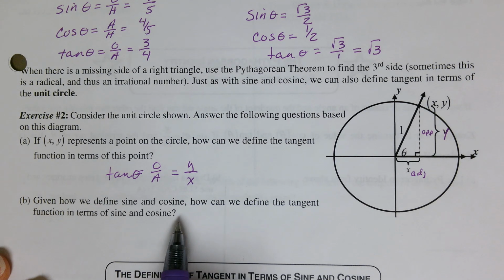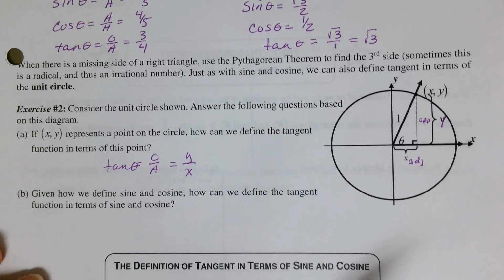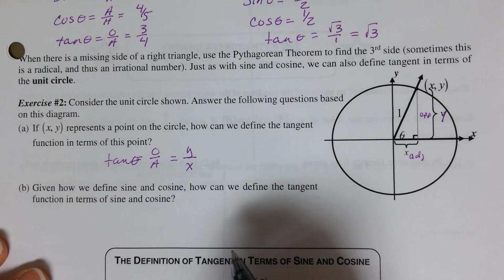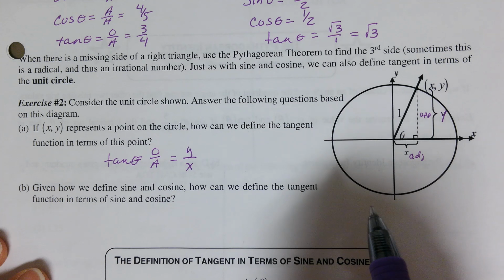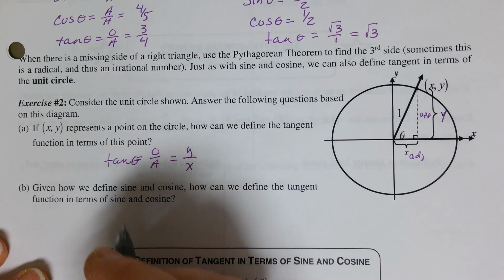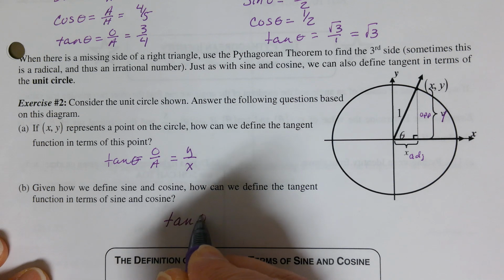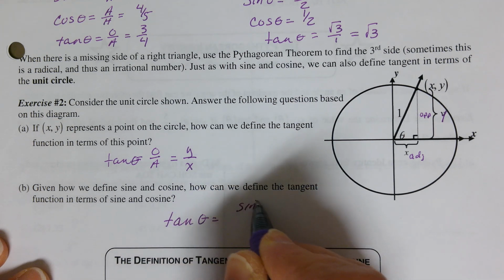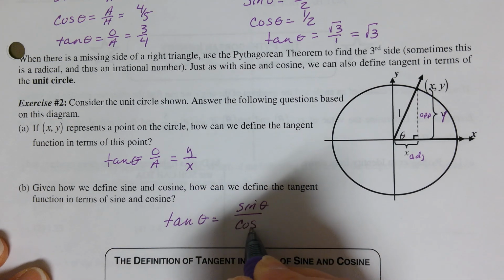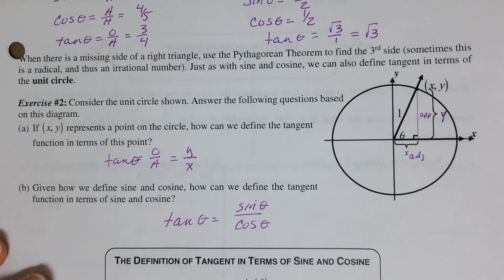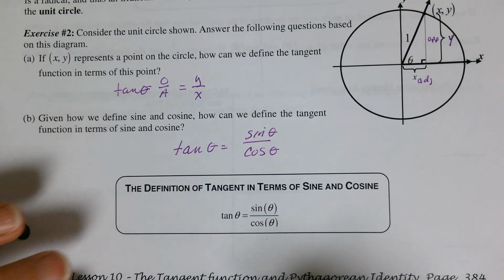Given how we define sine and cosine, how can we define the tangent function in terms of sine and cosine? Well, we know when we are on the unit circle that x is equal to the cosine of the angle and y is the sine of the angle, so tangent theta is equal to sine theta over cosine theta. And that you want to memorize.